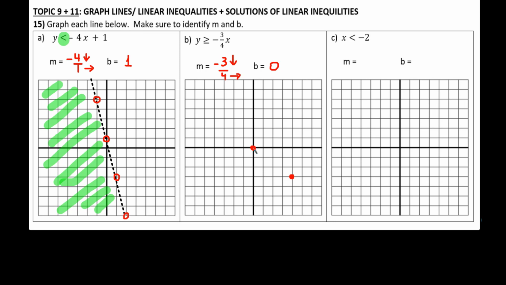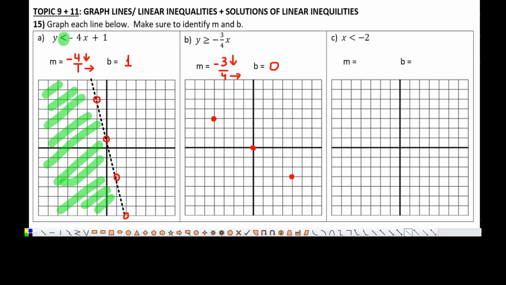Starting at the y-intercept, instead of going down 3, I'm going to go up 3, and then instead of going to the right, I'm going to go to the left. And these are all the points that I can draw. So now I'm going to connect with a straight line, and I'm going to use a solid line. So here is my graph.